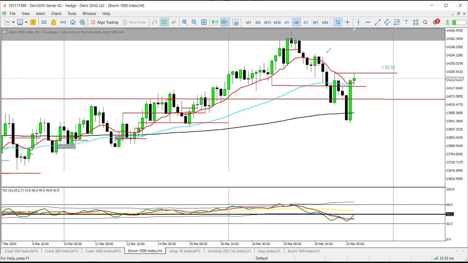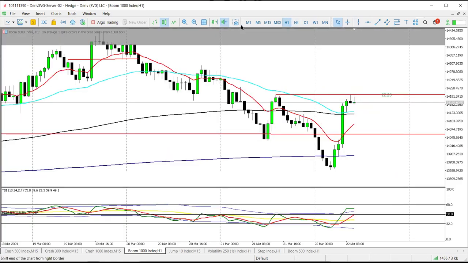right above the zone. So if you break here, I'm looking for something like this. Let's just drop down the time frames and see if we can get another point of interest which we can actually use. This one I'm going to remove for now. H1. Okay, so what do we have on H1?